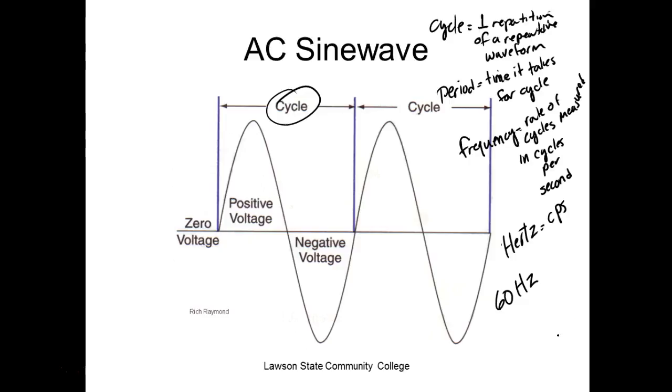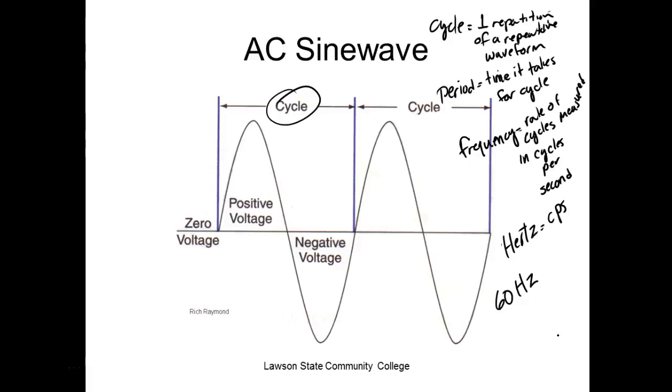So a while ago we had 3.3 kilohertz. Most of the time they give it in hertz, but hertz stands for what? Cycles per second. Are we okay? So a cycle is one repetition of a repetitive waveform. Period is the time it takes for a cycle.